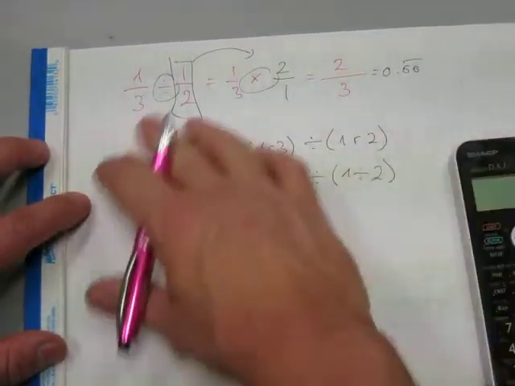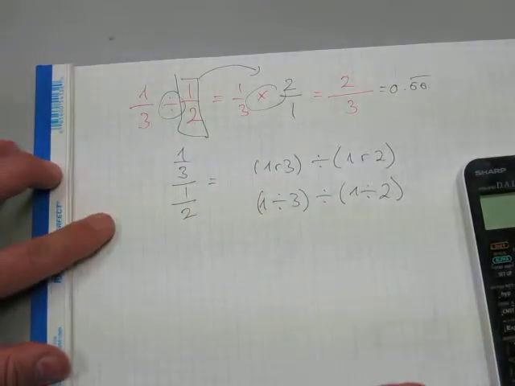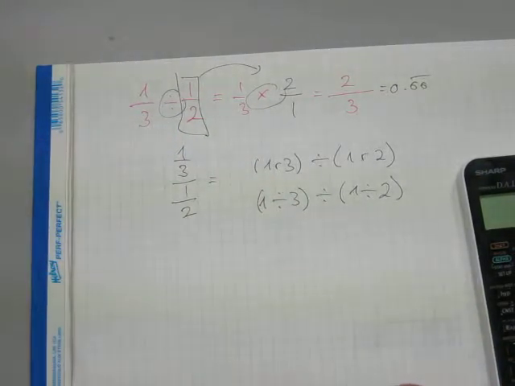What is the meaning of this division? How do we model 1/3 divided by 1/2?